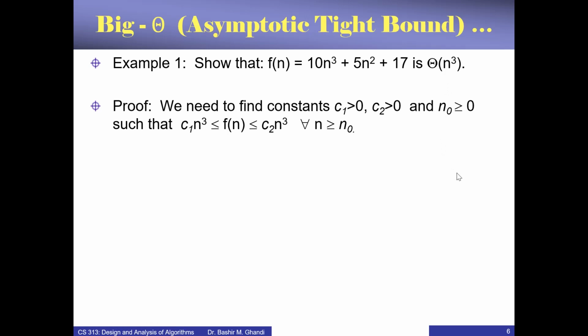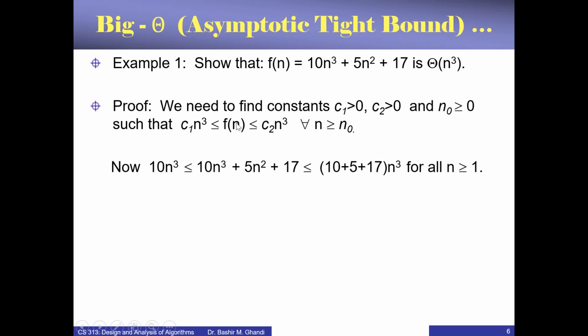So here is how we do it. Usually C1 is much easier to find, because if you look at this function, 10n cubed plus 5n squared plus 17, suppose we ignore the last two terms, 5n squared plus 17. Then obviously 10n cubed alone will be smaller than if we add to it 5n squared plus 17.